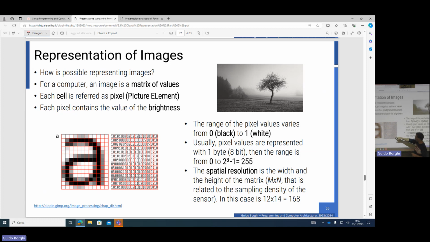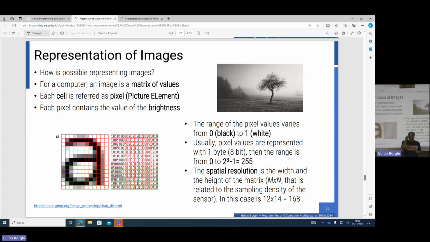You can see here the solution. An image for a computer is a matrix of values. Here you can see an example image, in this case the letter A. And here you can see the visualization of this image for a computer: a matrix of different elements. The name of each element is a cell.